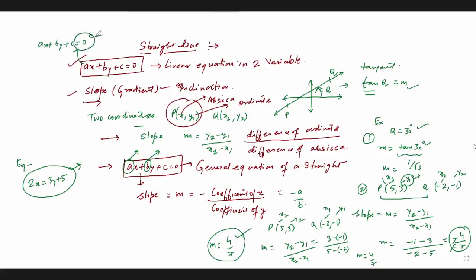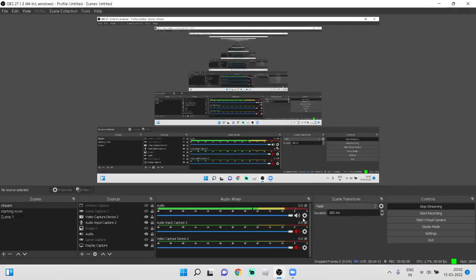That means on the right hand side we should have 0, but we don't have 0 here. So I will transfer all these terms to my left hand side in order to make the right hand side 0. So 2x minus 3y minus 5 equals 0. Now my whole equation has been transferred to the left hand side and the right hand side is 0.